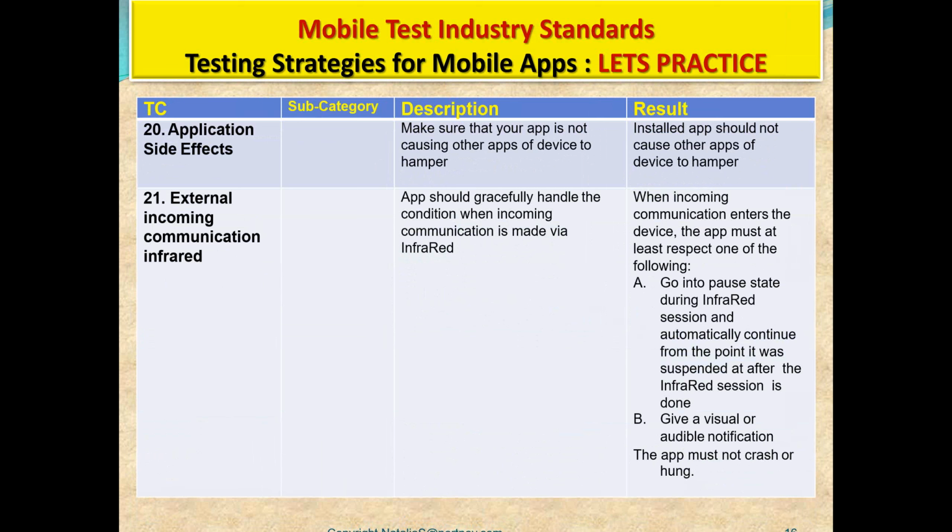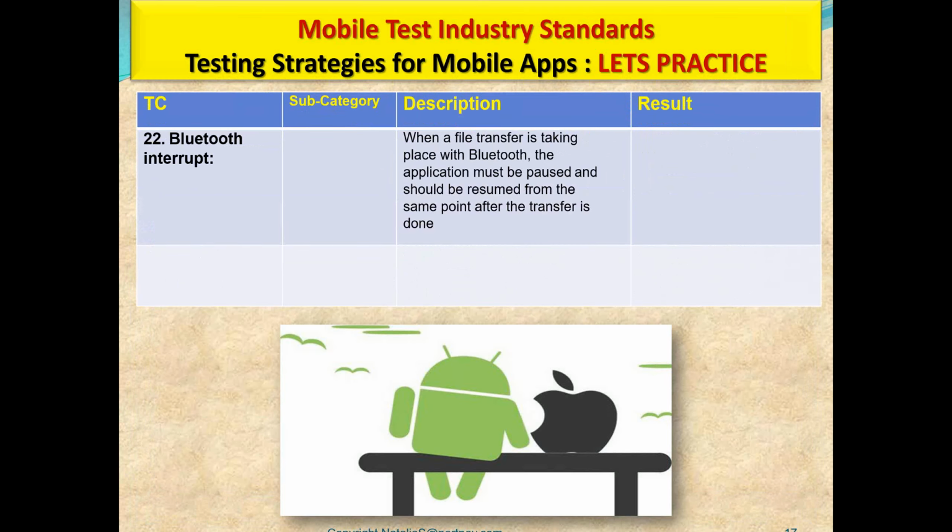Also, we have the external incoming communication via infrared, and the app should be gracefully handling it when the communication is coming. And also the Bluetooth interrupt, and this is the last case.